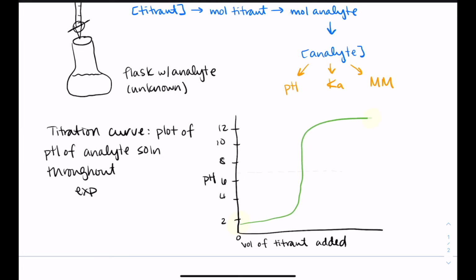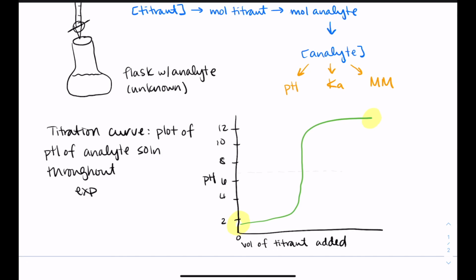Then as I add base, the acid and base will react with each other, so my pH will go up. Eventually, it will hit a point where it jumps drastically. So you will have a vertical or near vertical point in the graph that you're looking at. And then as we get to the point where it's just excess base in the analyte flask, my pH in that solution is going to be basic.